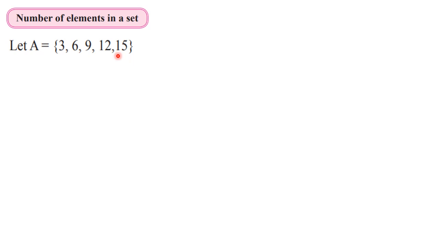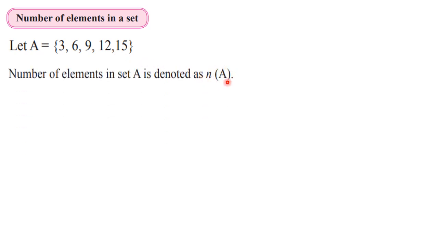So we will write the number of elements as n of A. See this small n, number of elements in set A. So the number of elements in set A is denoted as n and inside the round bracket A. So you will read it as n of A. Okay. And that is equal to 5.